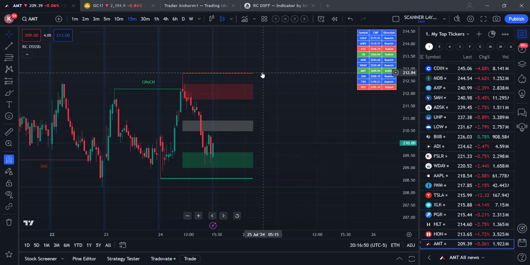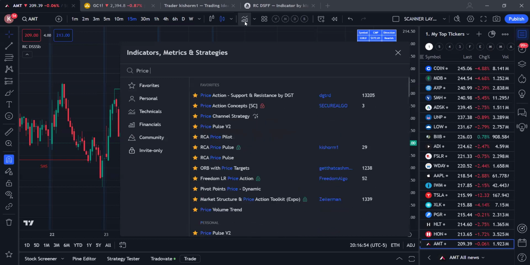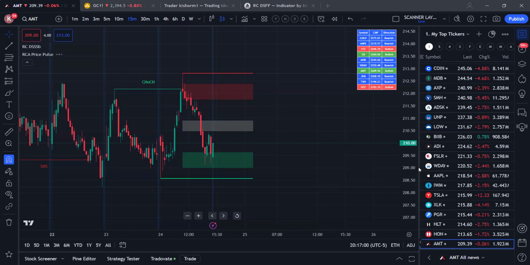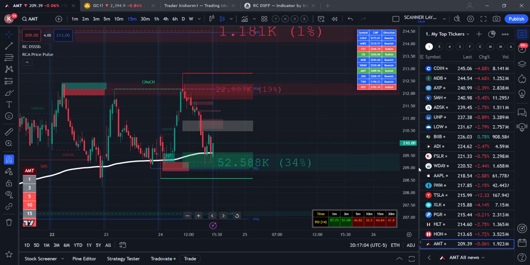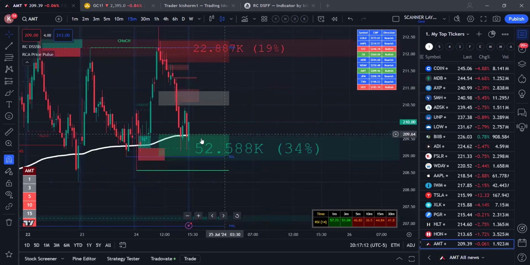You may want to check with one more software. For example, we have an indicator called Price Pulse. When you use that, it will tell you where the big market players are buying and selling. Here you see that there are nearly 52,000.